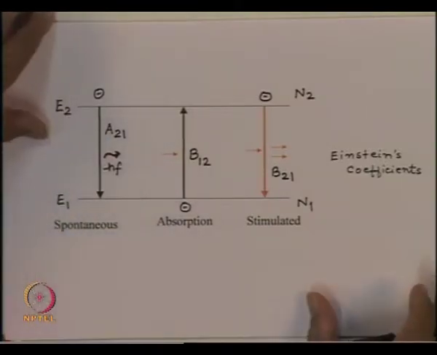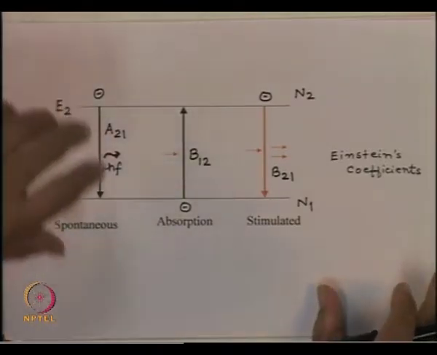So in practice, it appears that a simple two energy level system, what we have discussed up till now, cannot provide a population inversion, because it will require coherent emission to create that, and therefore a laser cannot be created.